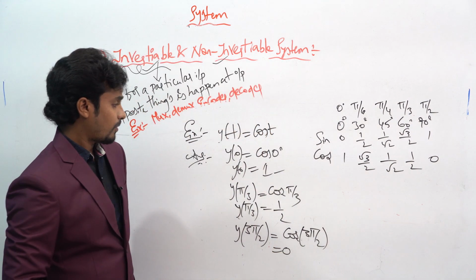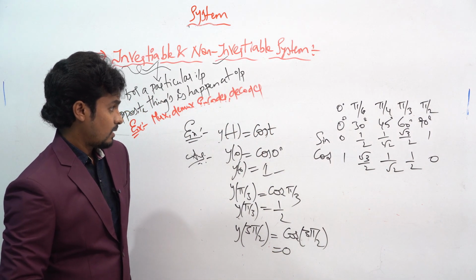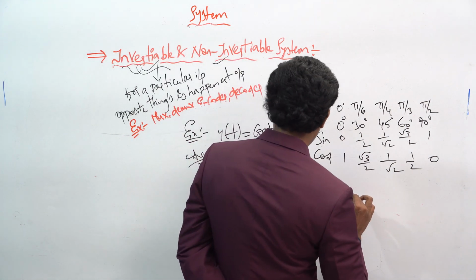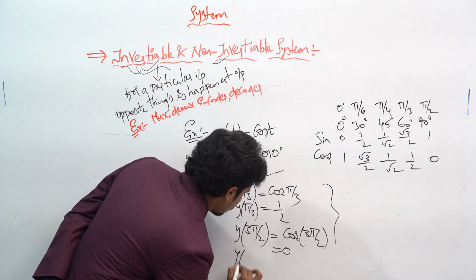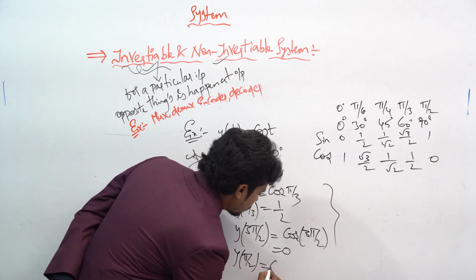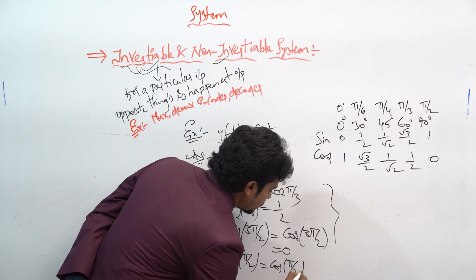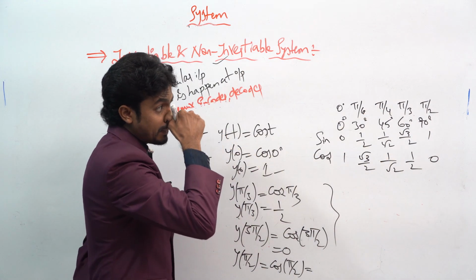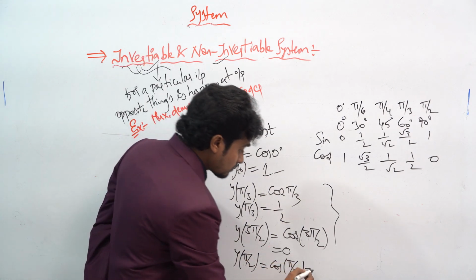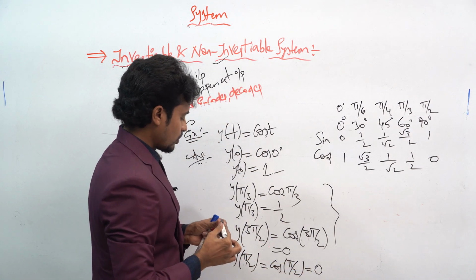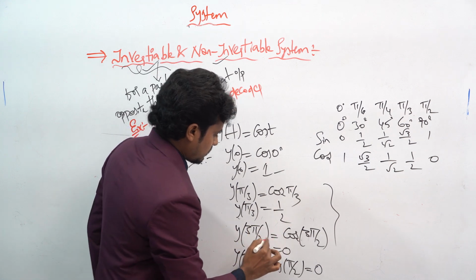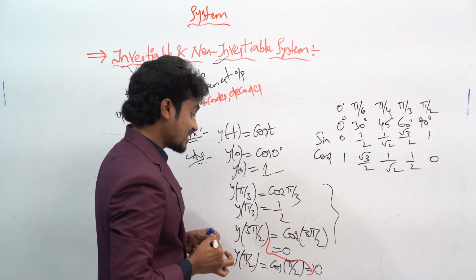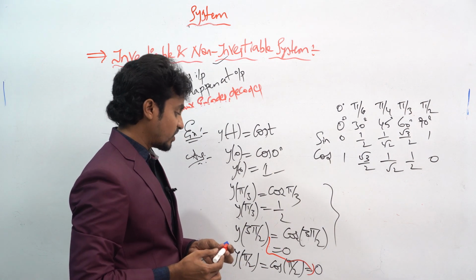For pi by 2, 90 degrees, y of pi divided by 2 will be equal to cos of pi divided by 2, and cos 90 is 0. So for 3 pi by 2 you get 0, and for pi by 2 you also get 0.